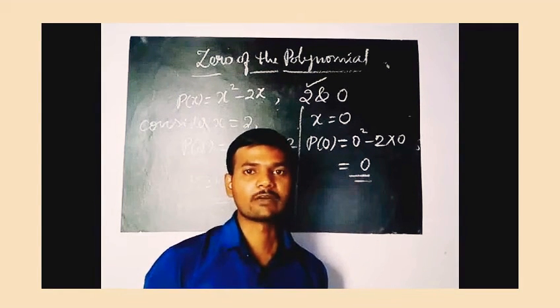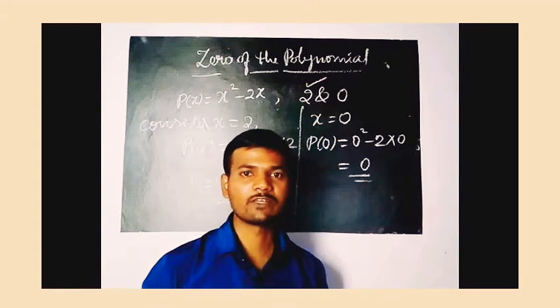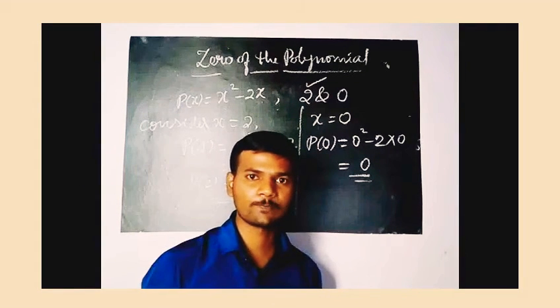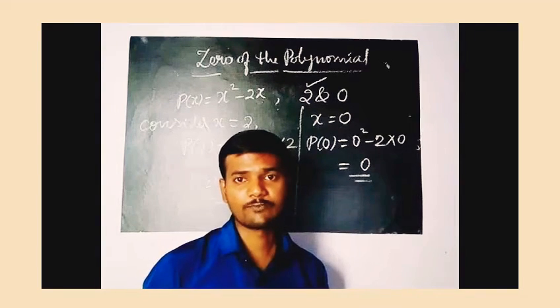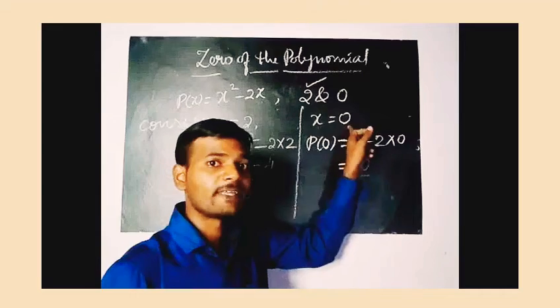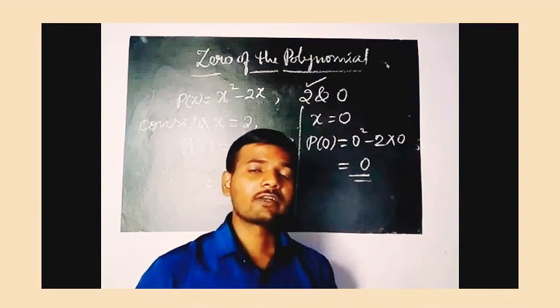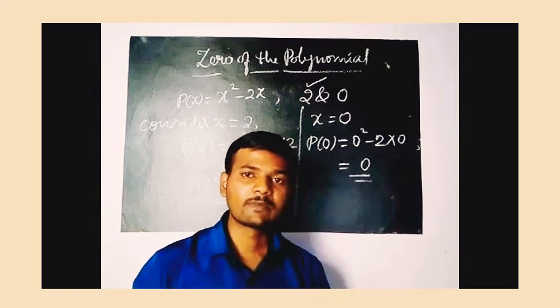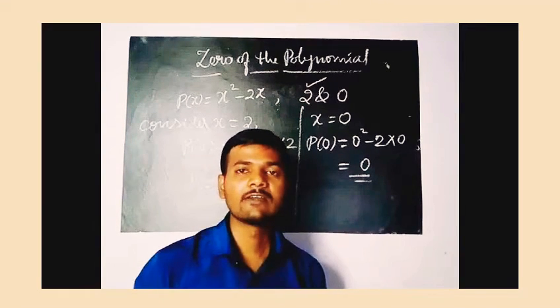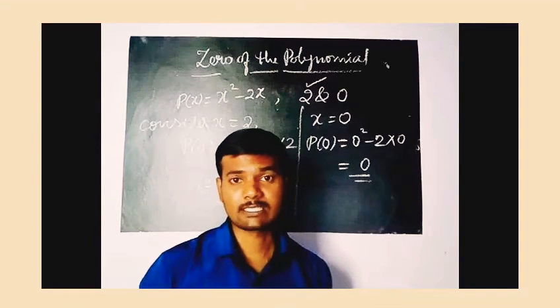Cubic polynomials have 3 zeros. Zeros mean the value of the variable which makes the polynomial 0; do not confuse it with the number 0. For a quadratic polynomial there must be 2 zeros, and for a cubic polynomial there must be 3 zeros.